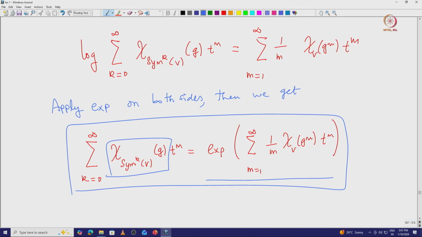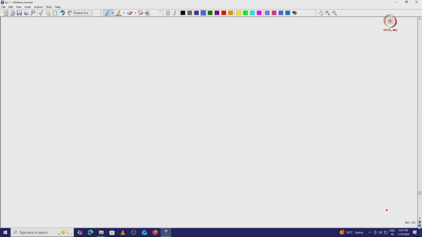So this indeed says that chi of Sym^k V of g is indeed some combination of chi_V of g powers. Okay. So this is something we verified already for k equal to 2. So maybe I will read out what happens for smaller values of k. I will leave it as an exercise.